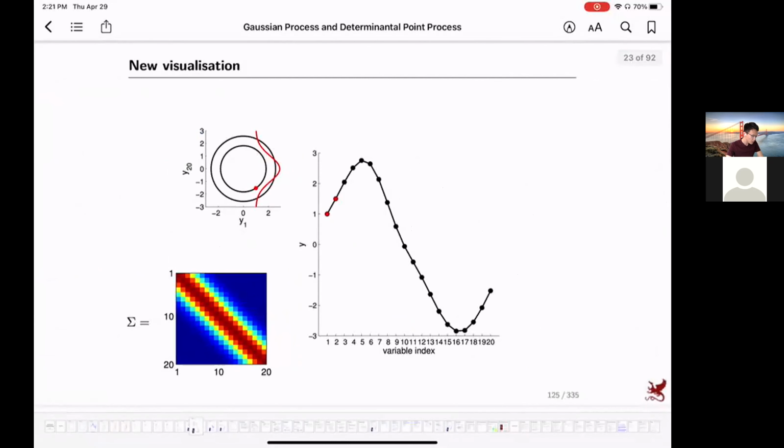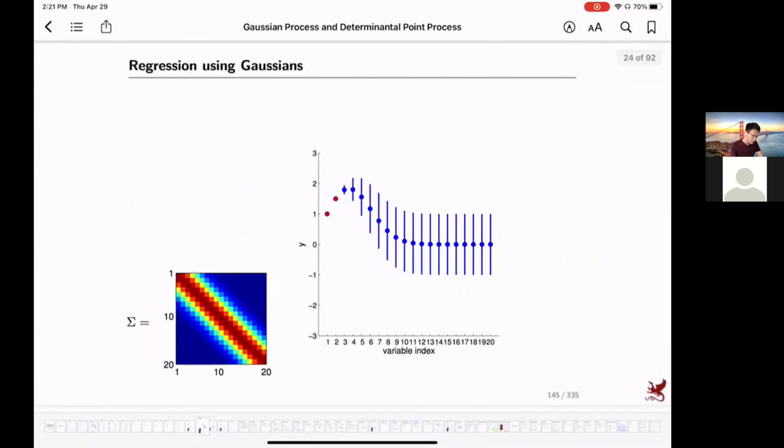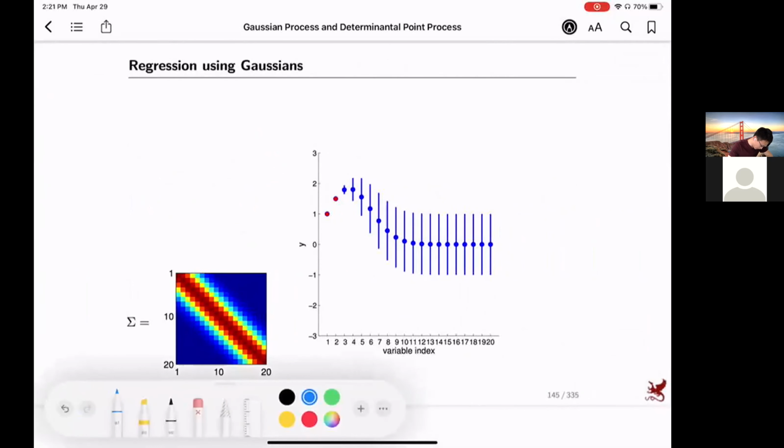So for this 20-dimensional setting, I can also do similar things as before. Maybe I fix 2 dimensions, both y1 and y2, and then I draw samples, so the other dimensions will change. And then these 2 red points will always be fixed here. Then if I do not do the sampling, and I look at the distribution of this curve formed by these 20 points, let me change to another color.